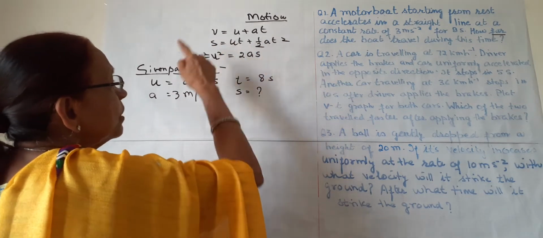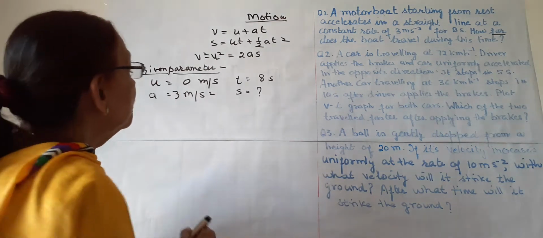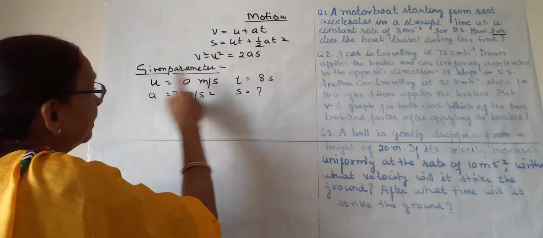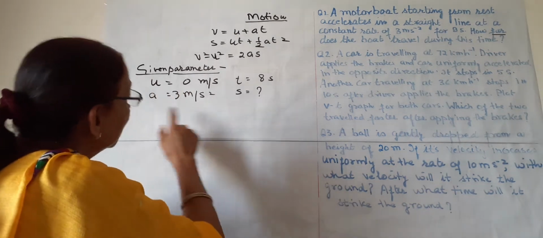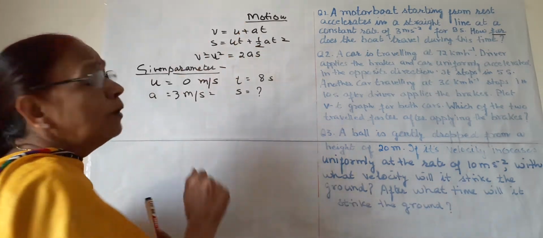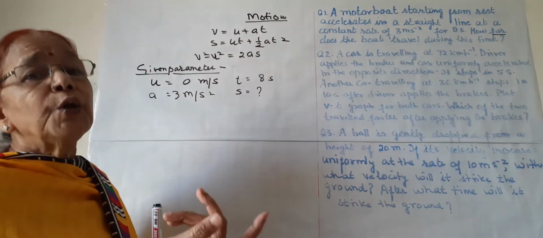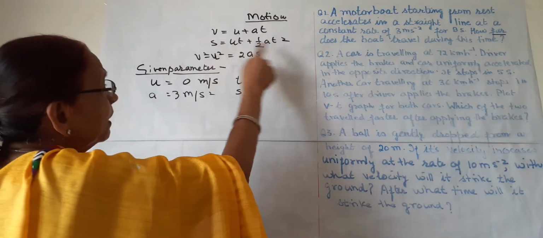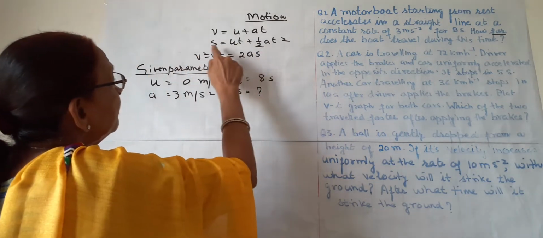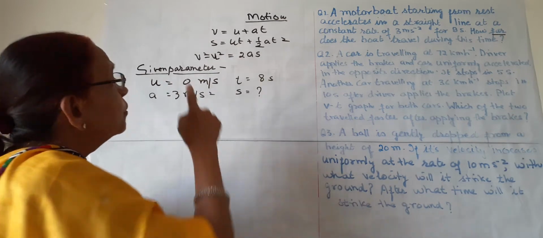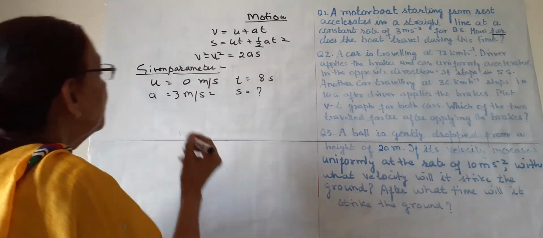So this equation will be applicable in this numerical. First you write the given data, and from the given data you see all the 3 equations and decide which is to be used, where all the parameters except one are given. Here all are given except s.